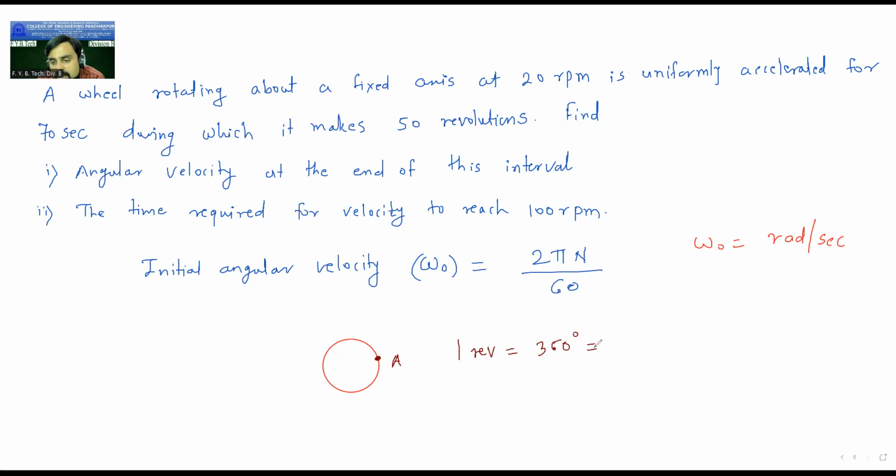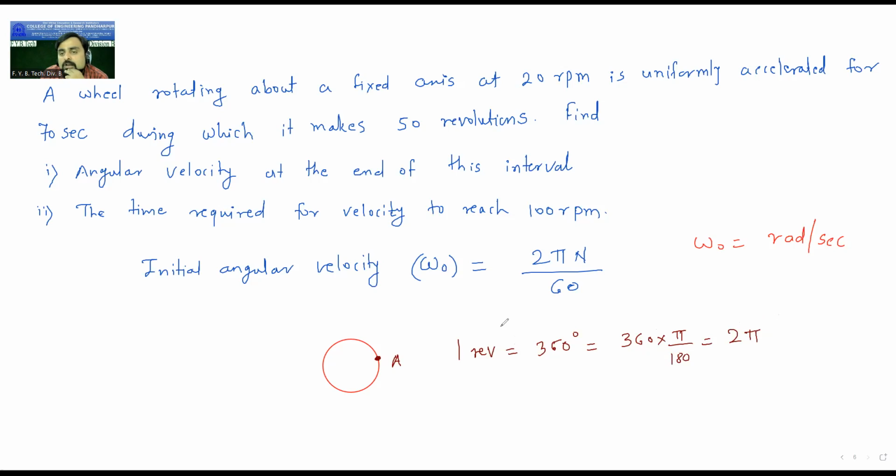I want it in radian. What should I do? 360 into pi by 180. So I will get this in radian. How much is it? 2 pi radian. So 1 revolution is nothing but 2 pi radian.